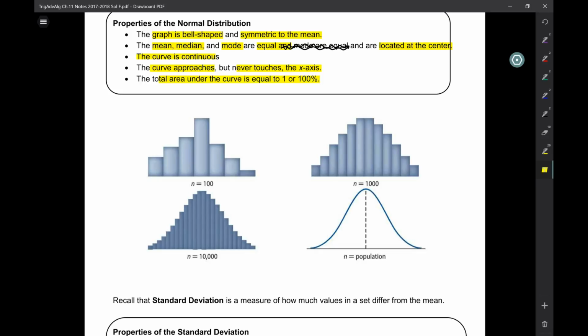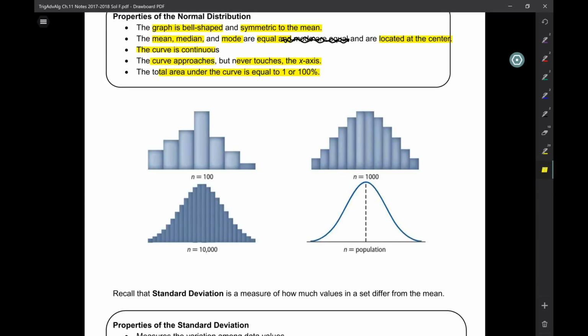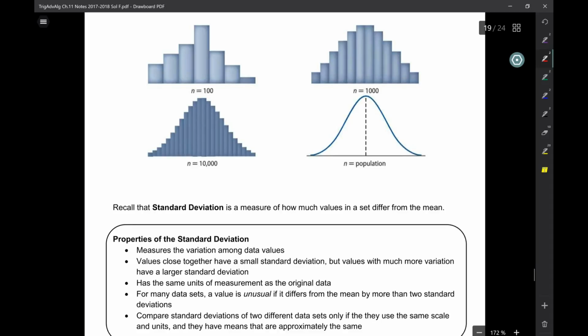This is what something might look like when you only poll 100 people, or 1,000 people. Do you see how as you add more, it gets more symmetric? And then 10,000 people. If you keep adding classes because you polled the entire population, the curve will look like this. And here, the mean and the median are right here, at the center.